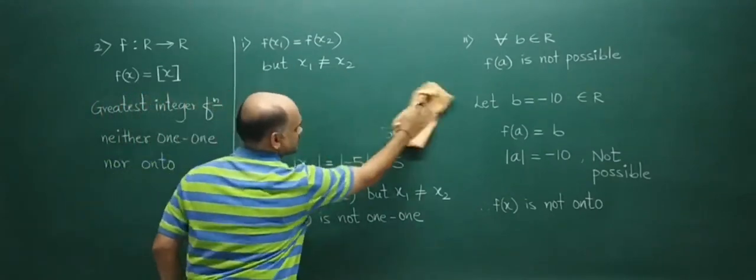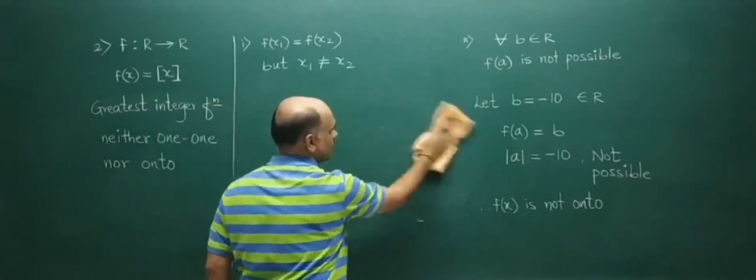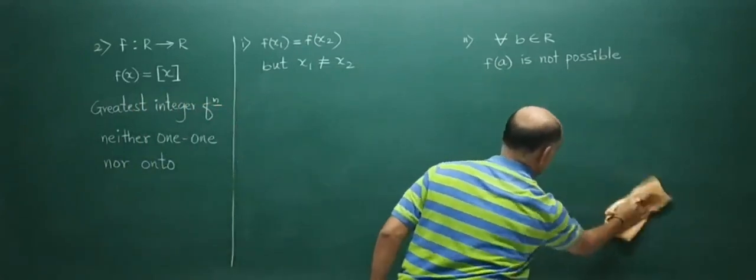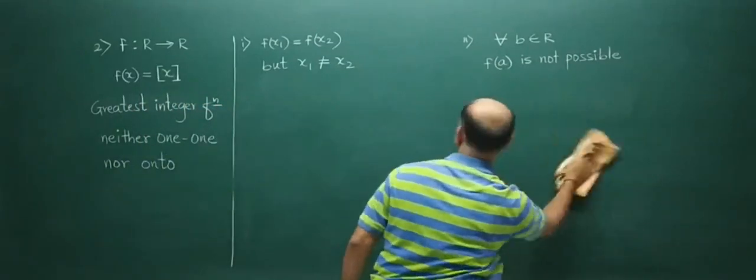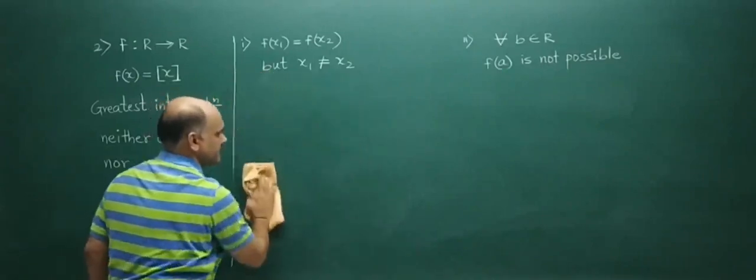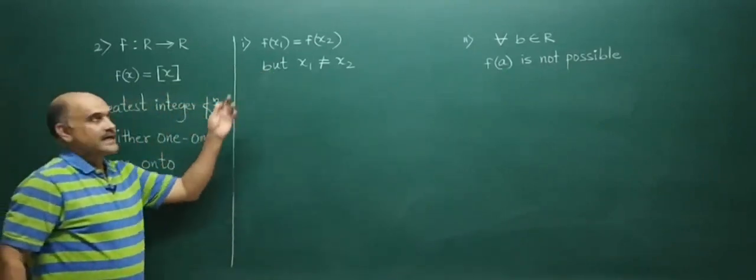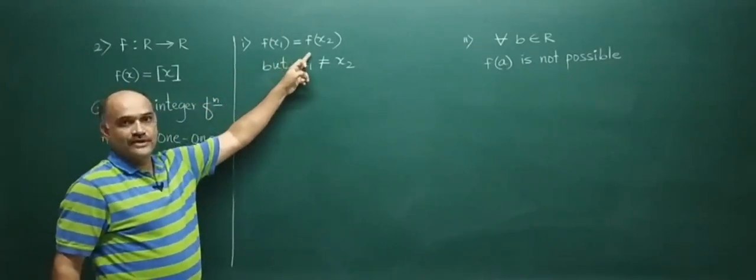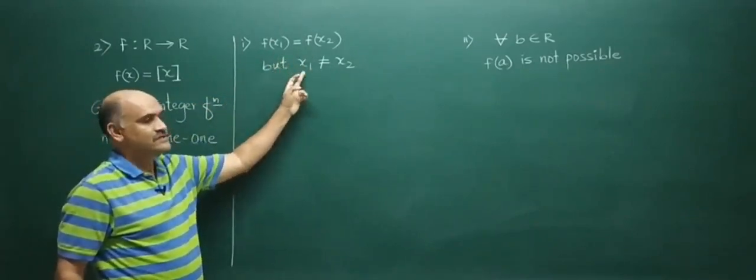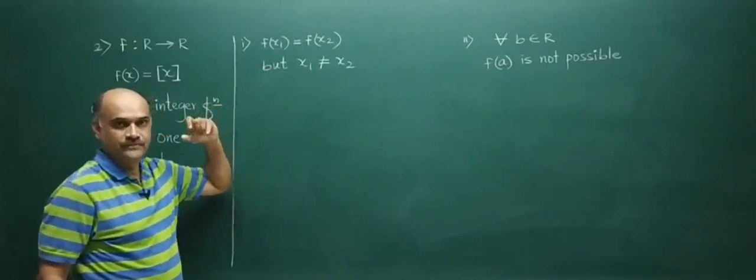So you can try till I clean the board. So greatest integer function. Again here f of x1 should be equal to f of x2, but x1 is not equal to x2.